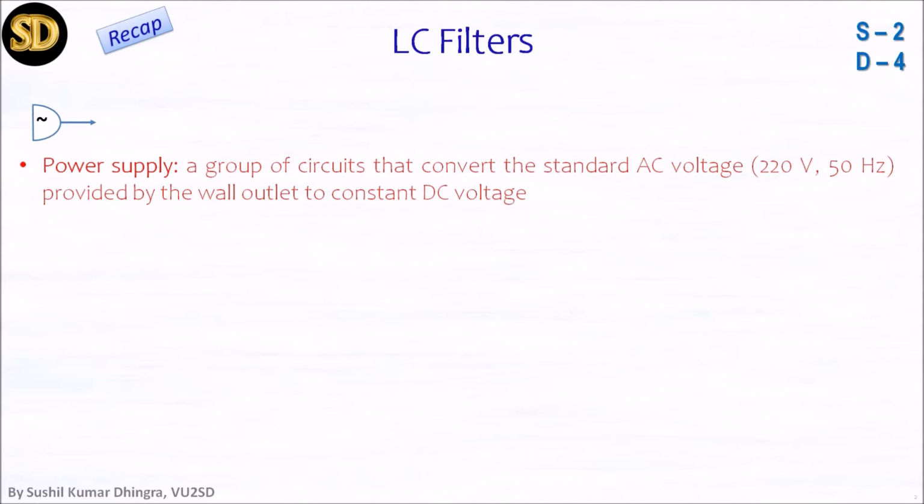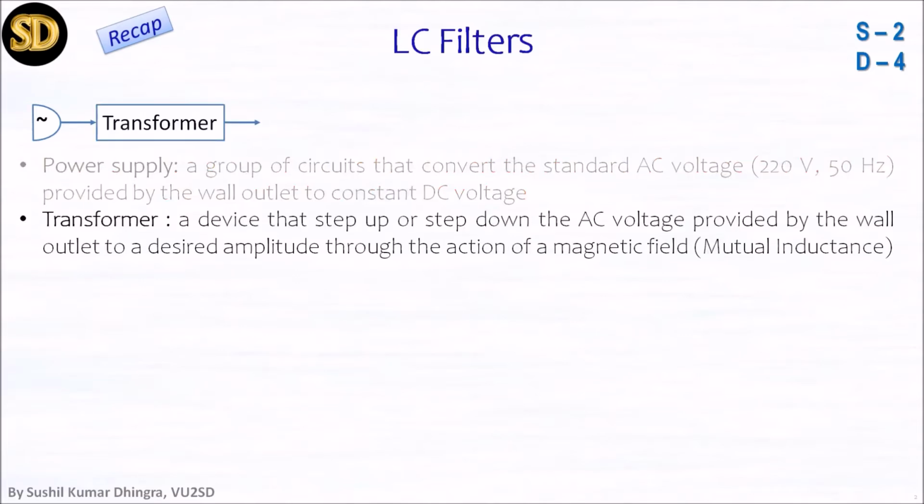Just a recap. A power supply is a group of circuits that converts the standard AC voltage, 220 volt 50 hertz domestic supply from the wall outlet, using an adapter or some other kind of supply. First, in a power supply or adapter, normally the first item is the transformer.